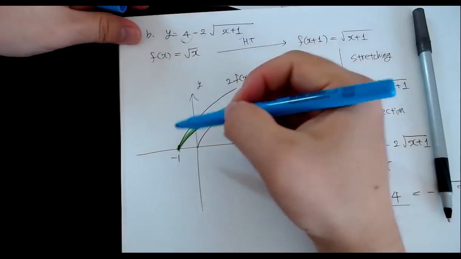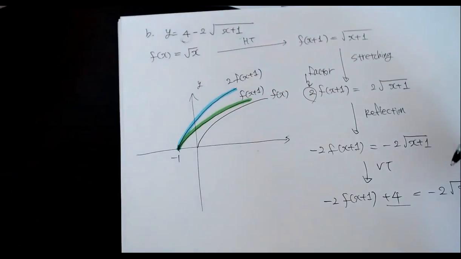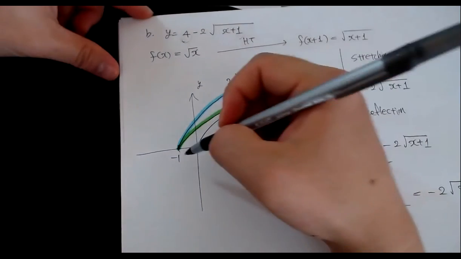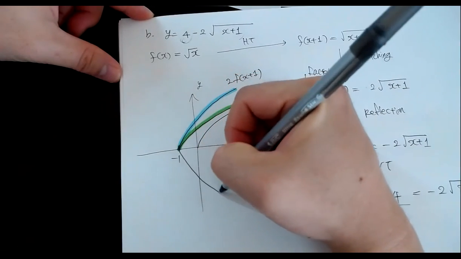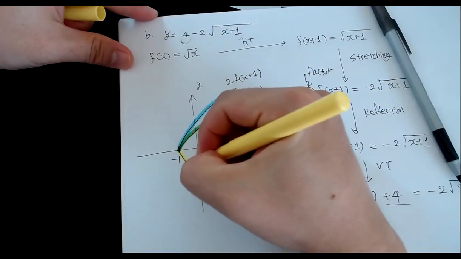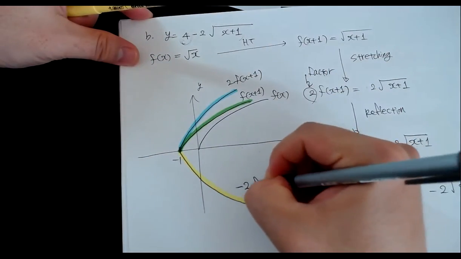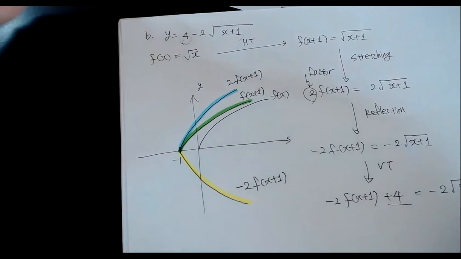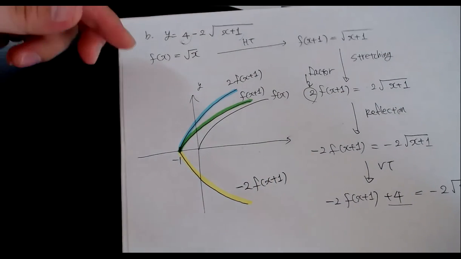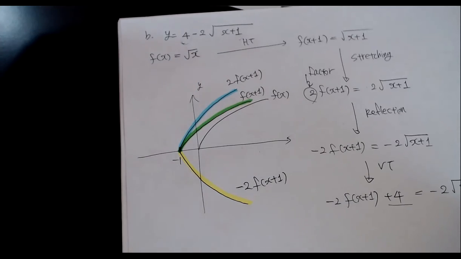And then we reflect about the x-axis. So we get this. That's going to be negative 2 times f of x plus 1. And then we translate this graph vertically upward, I mean upward 4 units.